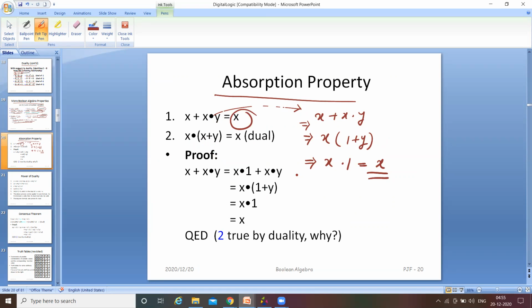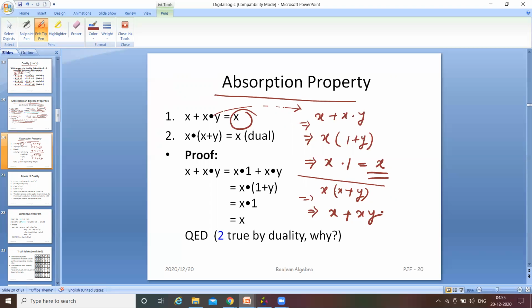Similarly, here, x dot (x plus y). The equation is x dot x plus x dot y, like this.